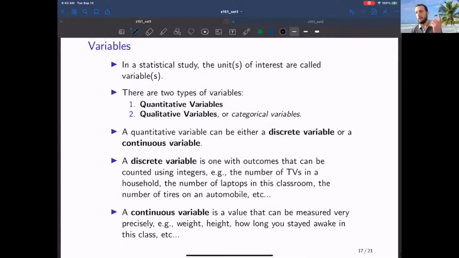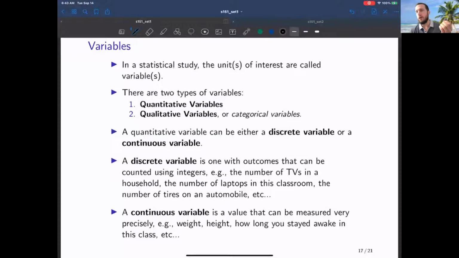Right. Okay, so the variable. The variable is the unit that we are measuring in a particular study. There are 2 types of variables, the quantitative variable and the qualitative variable. A quantitative variable can be discrete or continuous. And here we're going to get into a bit of a wishy-washy area, where in talking about the differences between discrete and continuous variables, there will be some overlap depending on the context of the problem.